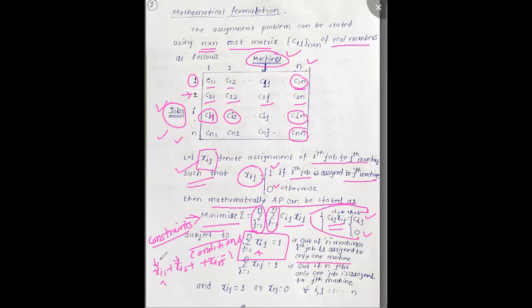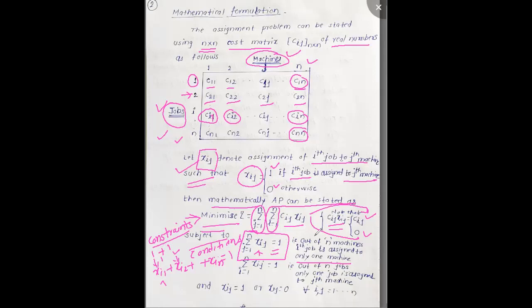Suppose we assign it to the first machine as well as to the second machine, then this variable will take value 1, this variable also takes value 1, and 1 plus 1 will be 2, and the equation will not be valid. We want the sum equal to 1. So we cannot assign the ith job to more than one machine. We have to assign it to only one machine.